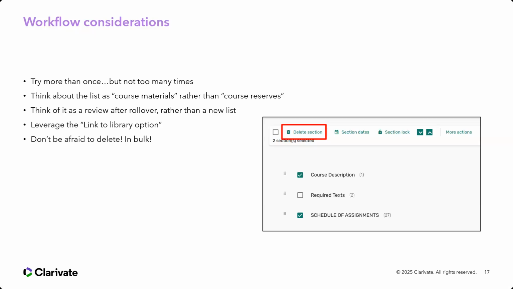The second one here is that the Syllabus Assistant is really designed to mimic the original syllabus. And I talked about this in terms of the sections. When we were working with our early design partners on this, we got a lot of feedback like, this isn't the way that we would build the list. This isn't the structure that we would have built the list in.